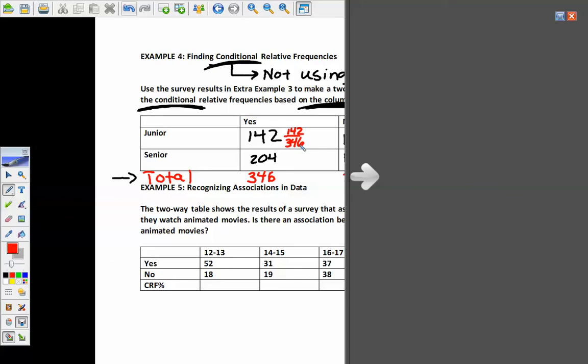What do you get as a decimal there? 0.41. We'll talk about what that means in a second. How are you going to find that for seniors? 204 divided by 346. I'm going to guess that's about 0.59.